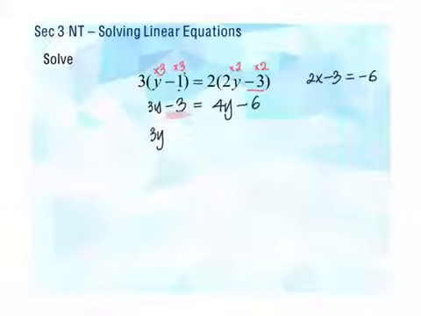I'll need to do the reverse operation. That means I will need to plus 3 on both sides. So plus 3 minus 3, it will disappear, equals to 4y is an unlike term, so 4y stays there, doesn't move or doesn't get added to anything.